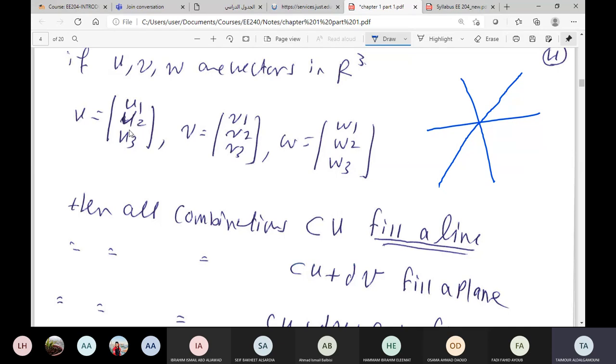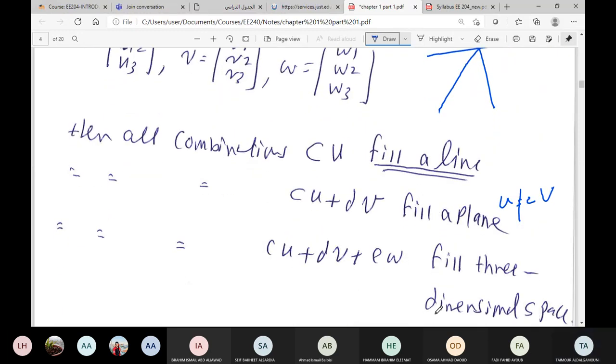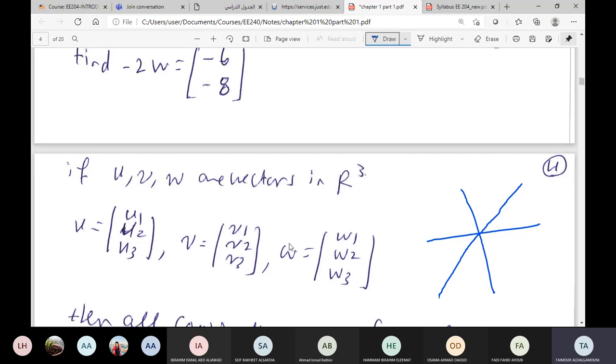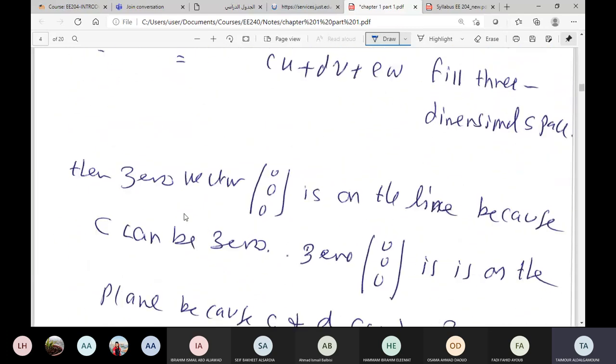So if we take the linear combinations of 2 vectors, it will be filling a plane, given that U is not a multiple of V, which means that we cannot write U as some constant C multiplied by V. CU plus DV plus EW, which is a linear combination of the 3 vectors U, V, and W, will fill the whole of R3, given that U is not a multiple of V and V is not a multiple of W. Later we will call these linearly independent vectors.